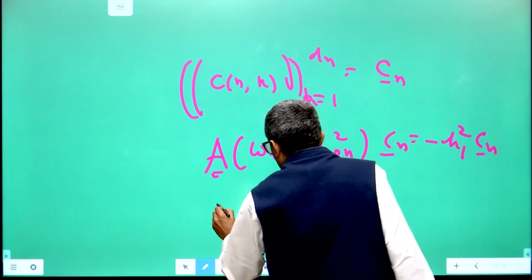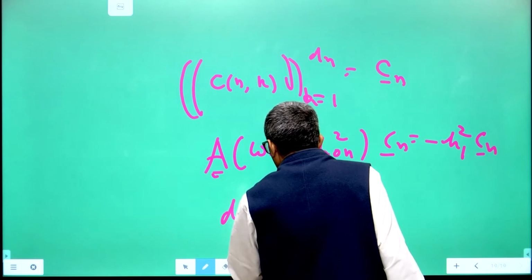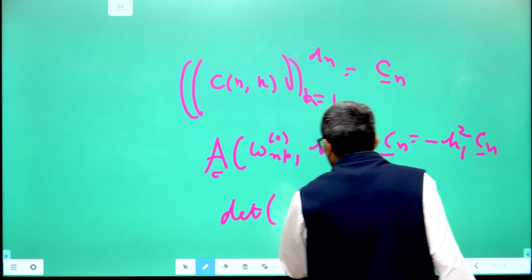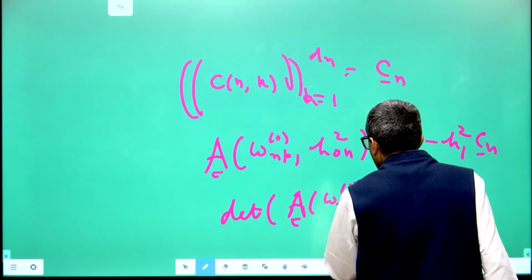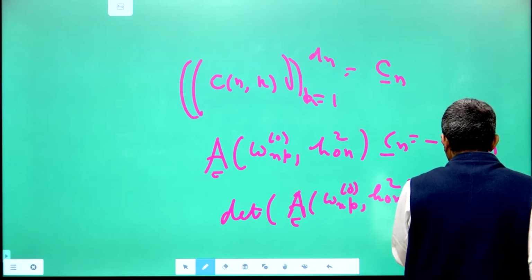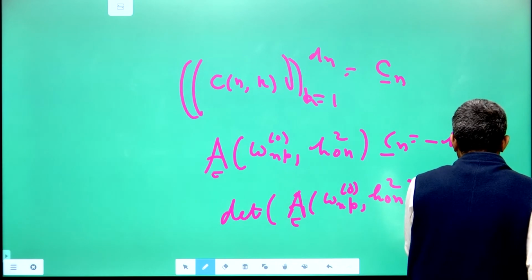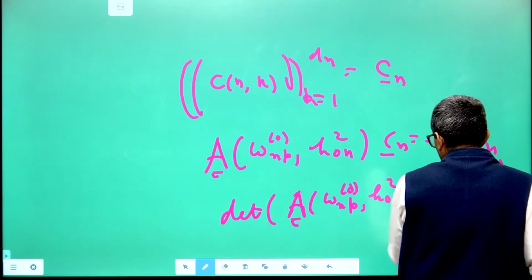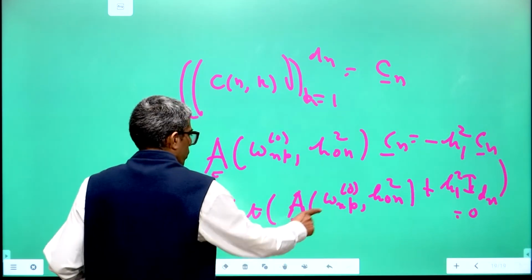So the possible values of H1 square are the solutions of the equation A of omega 0 np, H0 n square plus H1 square into the identity of size Dn cross Dn, equals 0. The values of H1 will depend on both n and p.